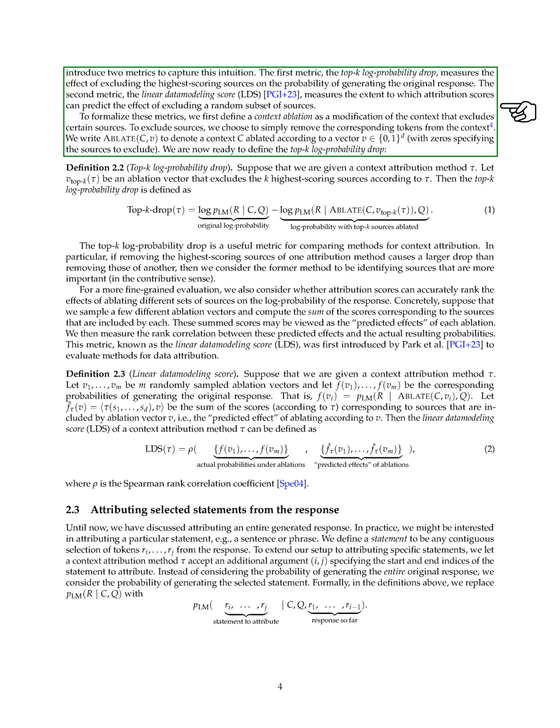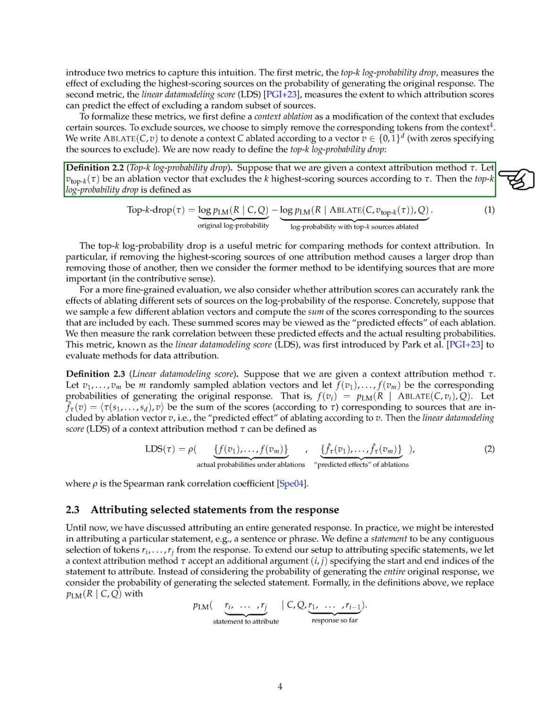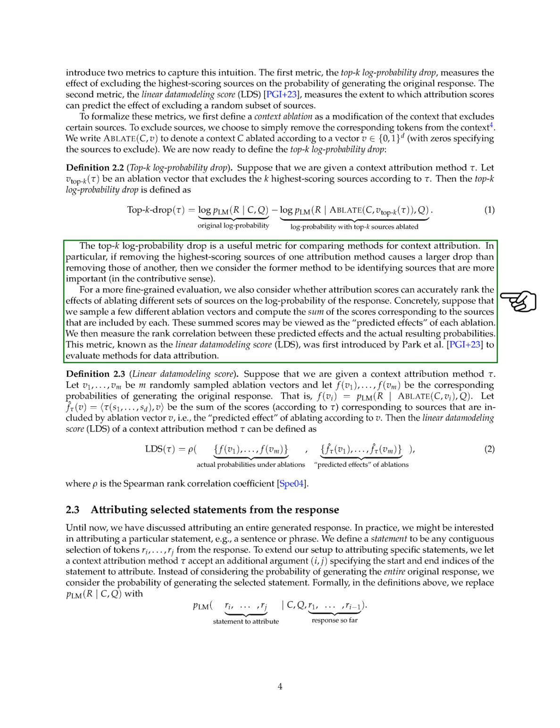We define a context ablation as a modification that removes certain sources by eliminating their corresponding tokens. The top k-log probability drop is calculated by observing the change in probability when we exclude the top k sources identified by our method. This metric helps us compare different context attribution methods based on the importance of the sources they identify.